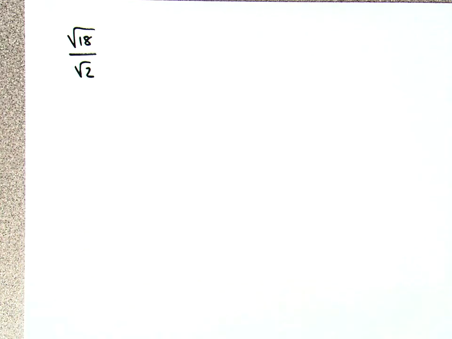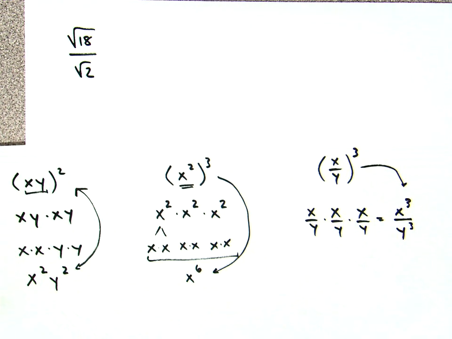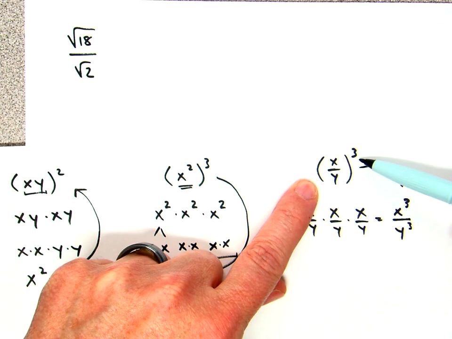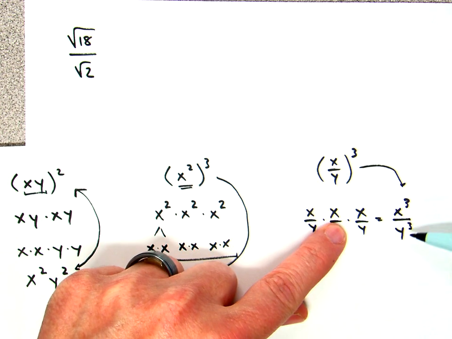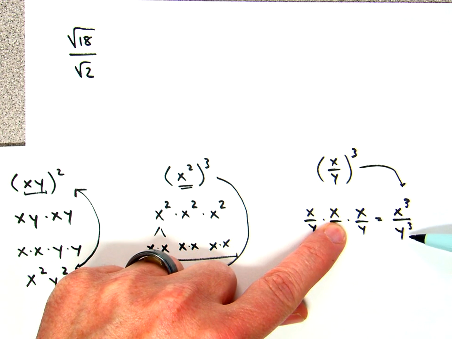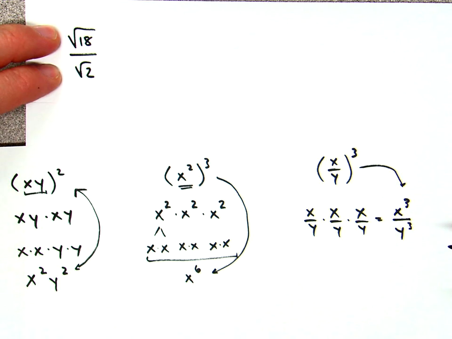All right, let's start taking a look at dividing. For dividing, same kind of idea. We know that if we had a fraction that had an exponent, we can essentially put the exponent on the top and the bottom.